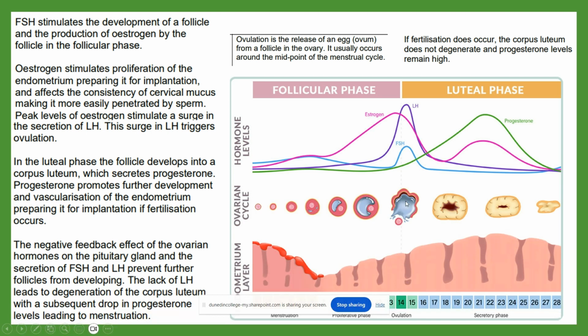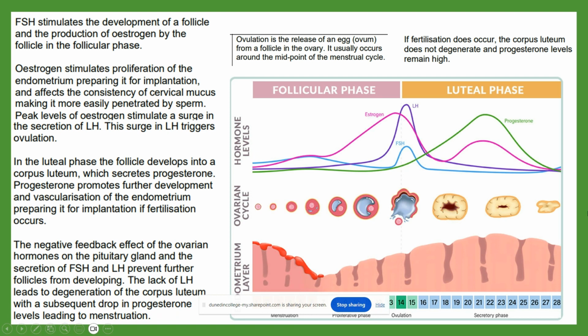Over time, the lack of LH in particular will lead to the degeneration, or the breakdown, of the corpus luteum. Without the corpus luteum, progesterone levels themselves will begin to drop, which leads to the end of the menstrual cycle and the start of menstruation once again.